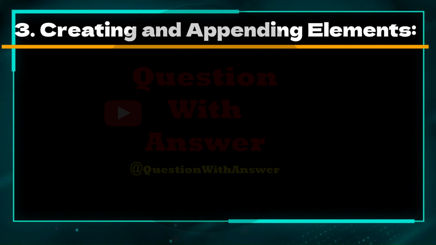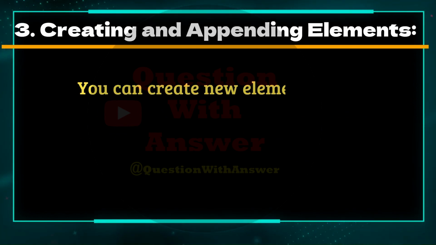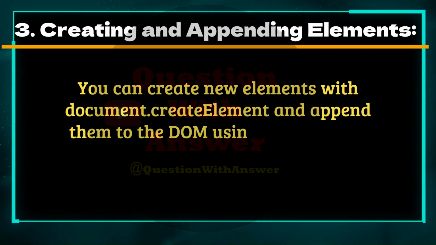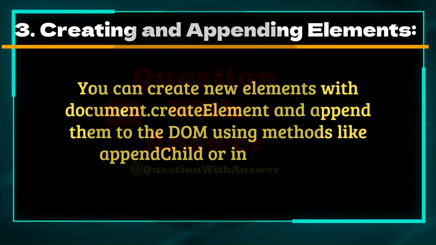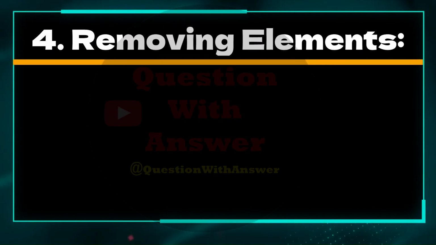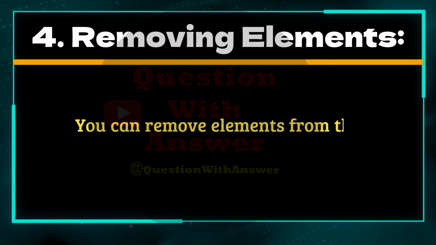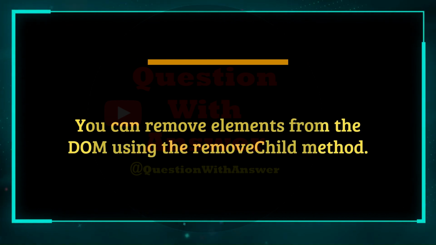Creating and appending elements. You can create new elements with document.createElement and append them to the DOM using methods like appendChild or insertBefore. 4. Removing elements. You can remove elements from the DOM using the removeChild method.